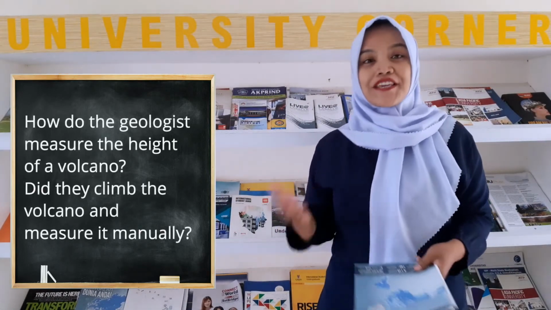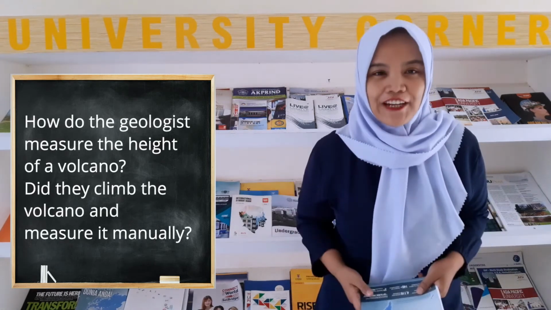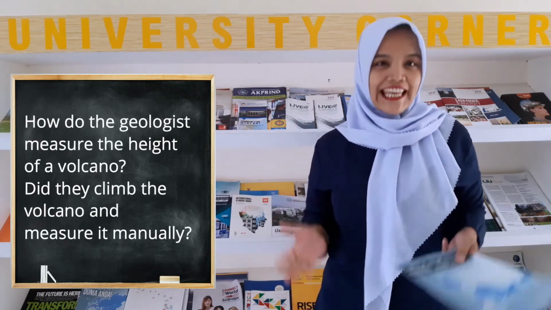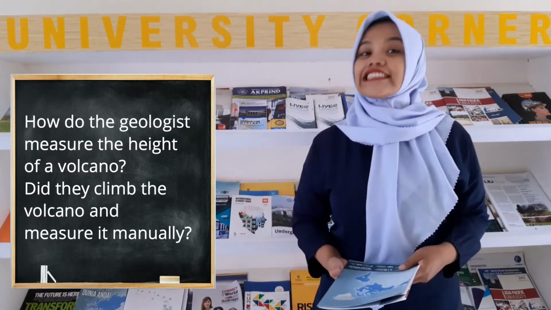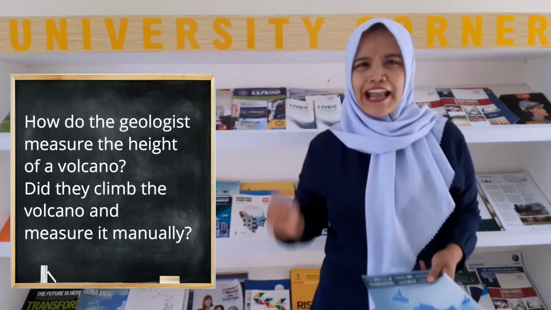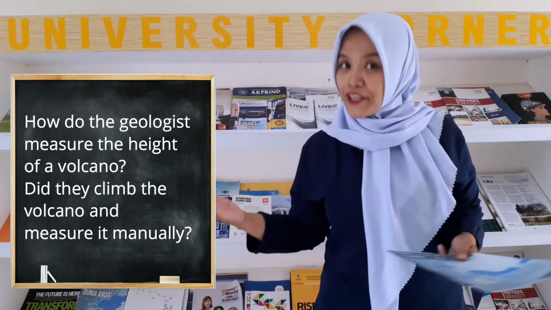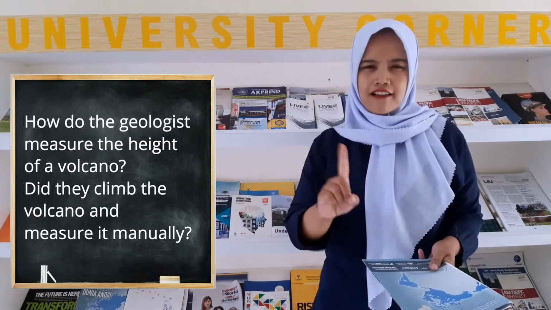Have you ever thought how the geologists measure the height of a volcano, such as the Merapi volcano? Did they climb the volcano while taking a measurement tape and measure the volcano manually? Of course not.